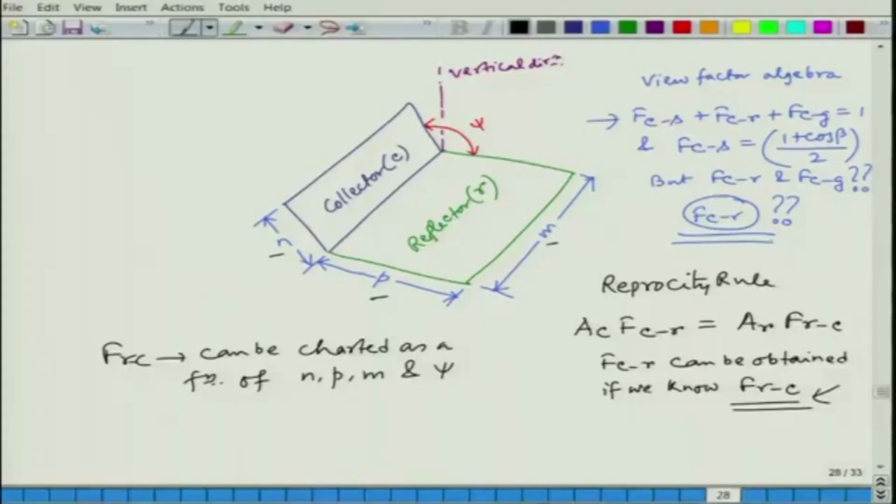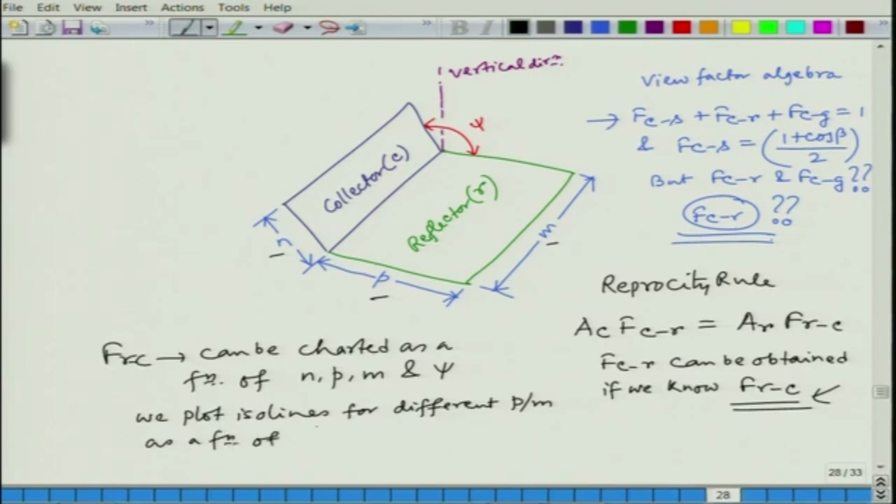Okay. So, what is usually done is that for this N, P, we plot isolines for different P by M ratio as a function of different N by M ratio and for certain psi.